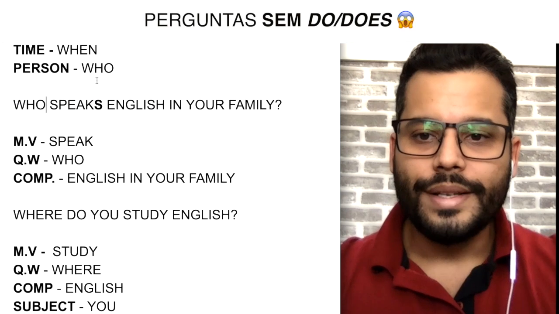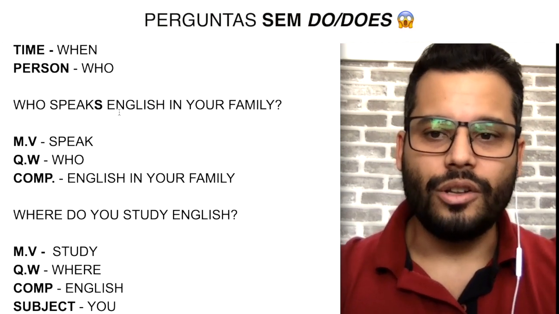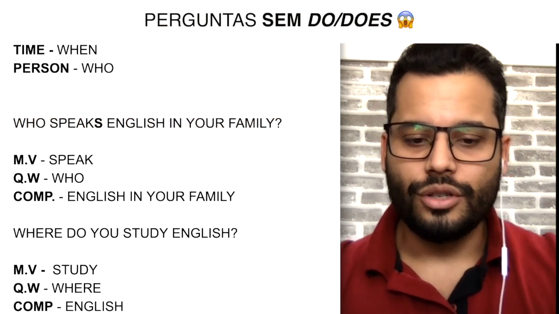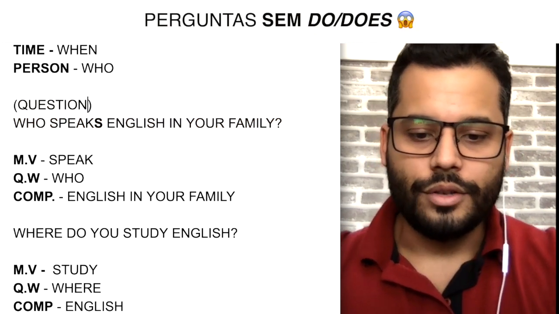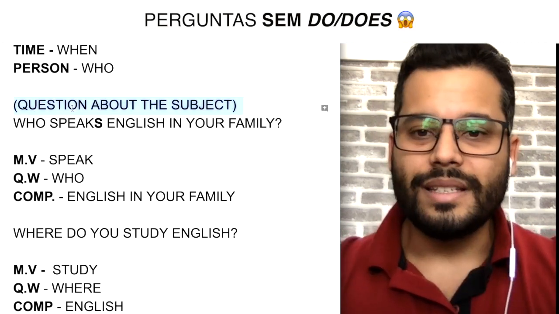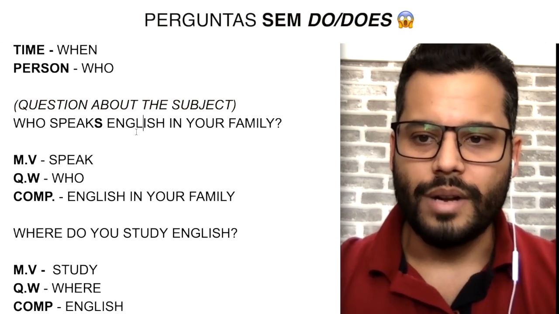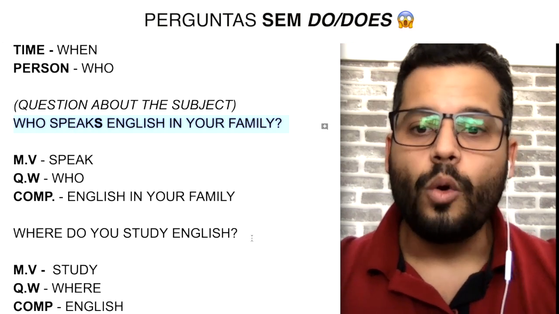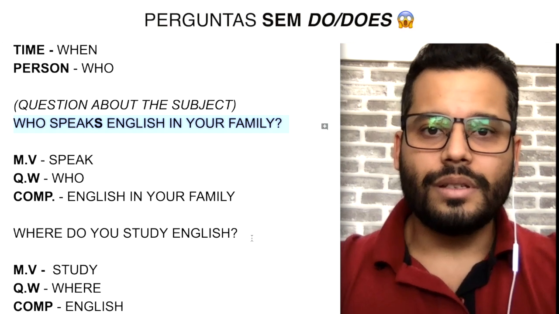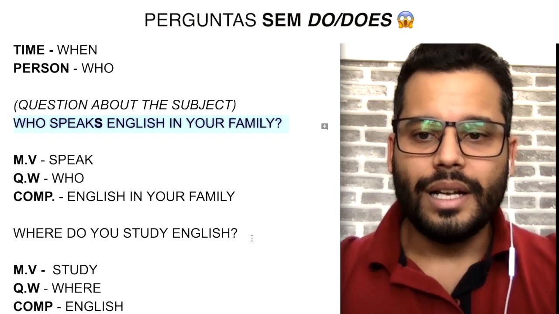So, who speaks English in your family? In this case, this is a question about the subject. Okay, this is a question about the subject. All right, and the correct form is who speaks English in your family. What happens after class?